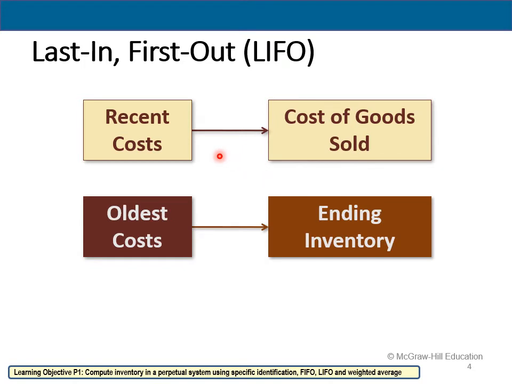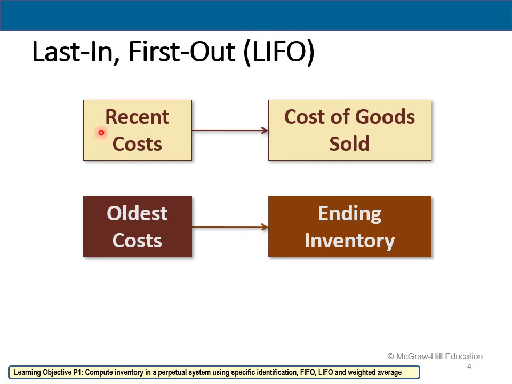for example, Kroger, a grocery store. Well, grocery stores always try to sell the oldest stuff first, right? You rotate your stock so that you can minimize the cost of spoilage.